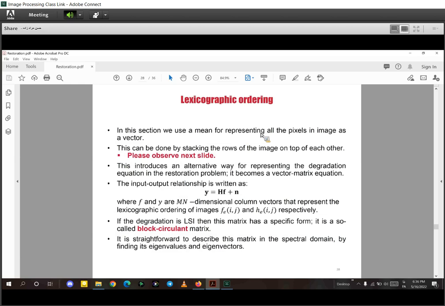For example, a picture as a function of i and j, representing it as a vector. This can be done by stacking the rows of the image on top of each other.